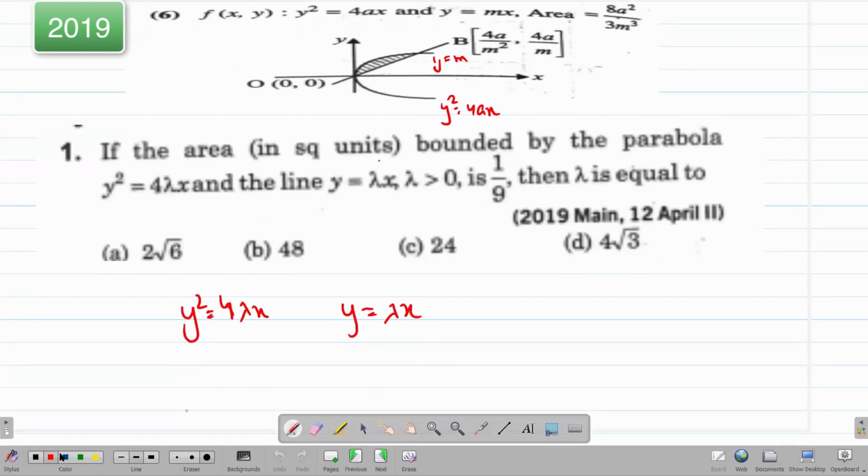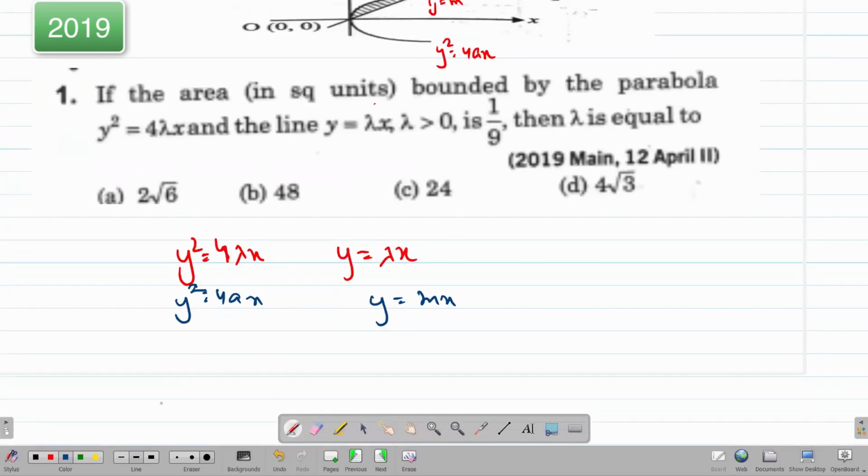Now if we compare this parabola with y square is equal to 4ax and this line with y is equal to mx, then in place of 4a we have 4 lambda, so a is lambda here, and in place of m we have lambda.